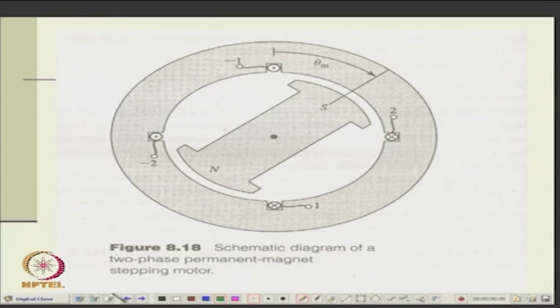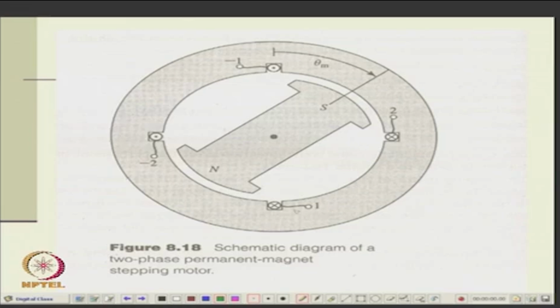I have taken a stepper motor, is it PM or variable? Can it be PM or can it be variable or both? It can be. Now, you have a rotor, I have not put the slots. Okay. Let us say this is the rotor position theta m.